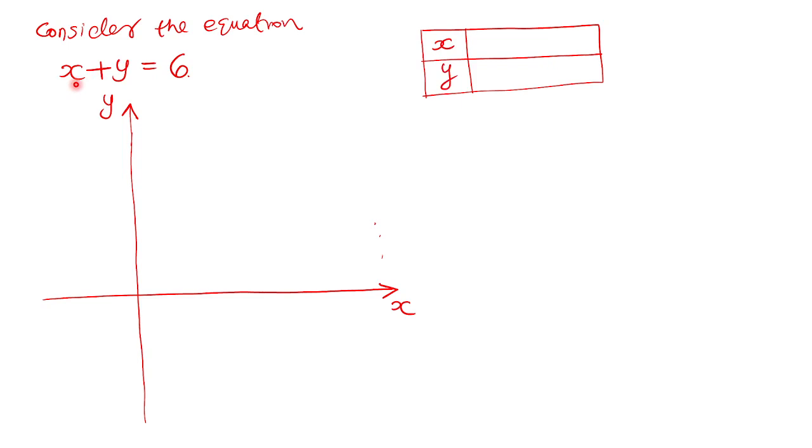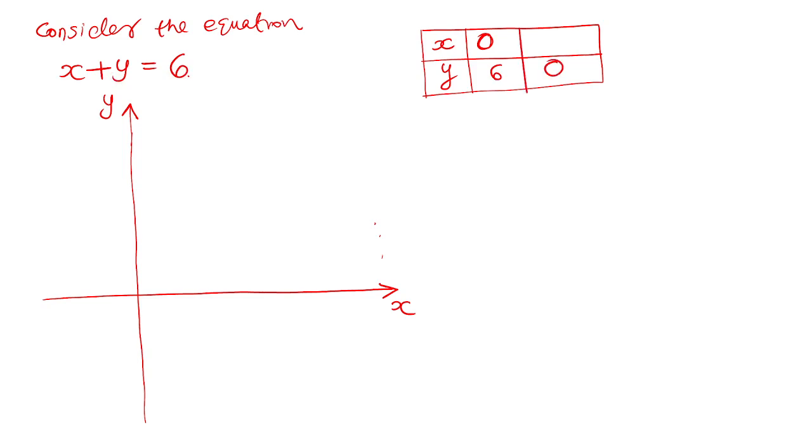If I put x equal to 0, what happens? 0 plus y equal to 6, or y equal to 6.